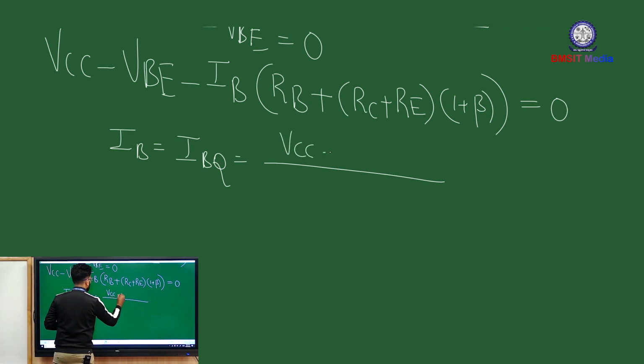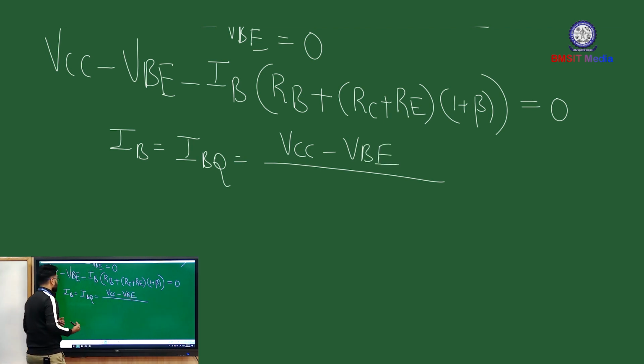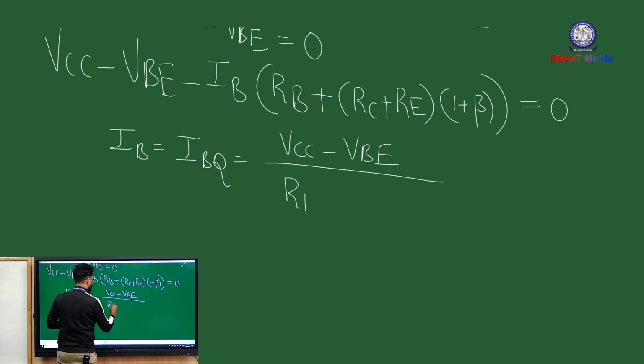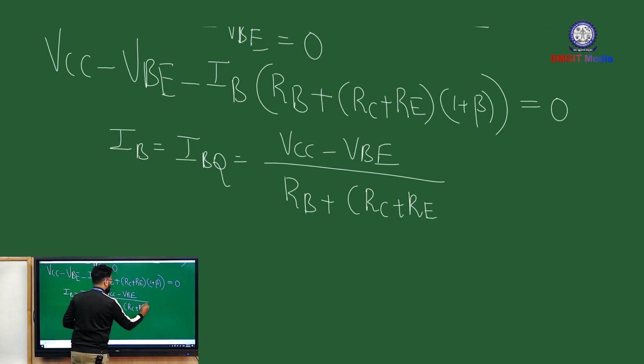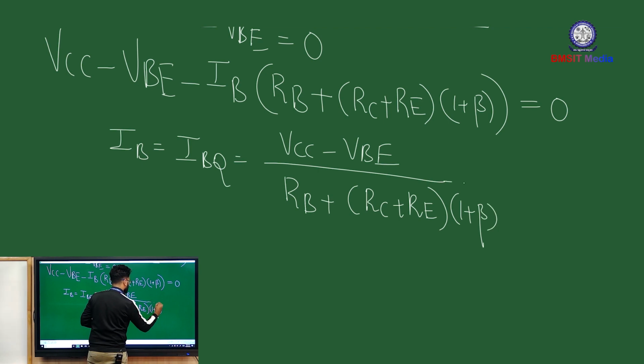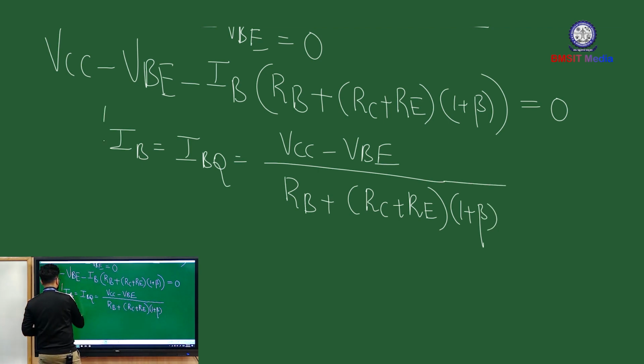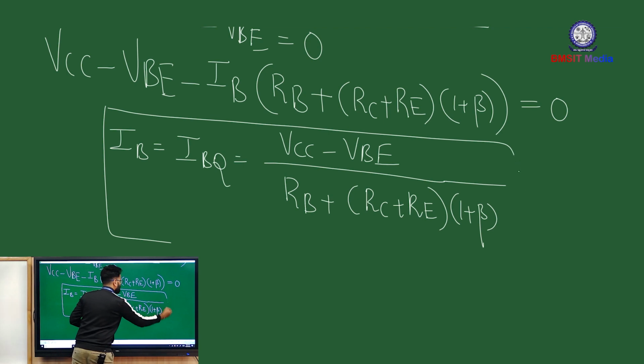So difference in potential VCC minus VBE divided by net resistance. So net resistance is going to be RB plus RC plus RE into 1 plus beta. Okay, so this is your expression for base current.